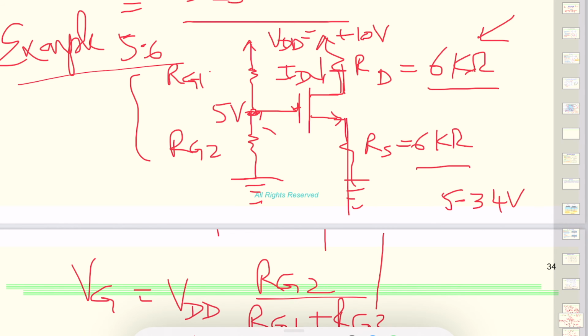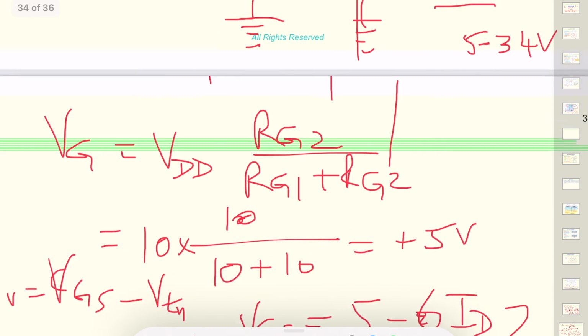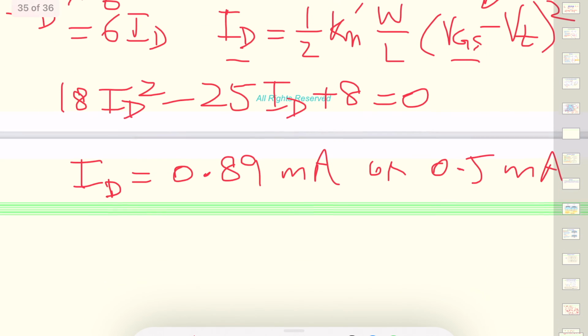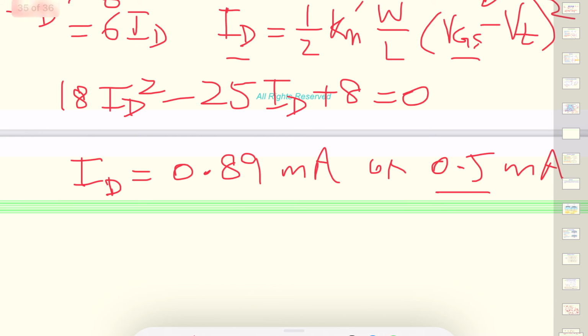Now, if you look at it, that means the source is at higher potential than the gate, which doesn't make sense because in that case the transistor would be turned off. So hence we have to stick to the value which is the smaller number. So we take that to be our drain current.